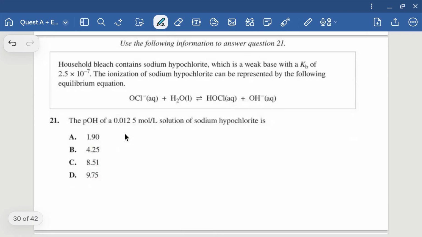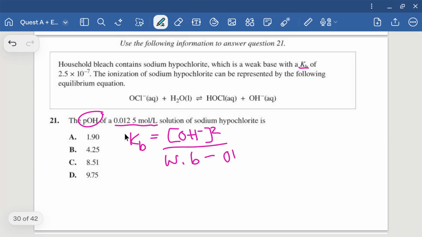Looking at question 21, we have the Kb value, and we have the concentration of the base, and we want the pOH. So in this one, we can use that Kb formula equals the OH ion squared divided by the concentration of the weak base, again, minus the hydroxide concentration. So just like the other types of questions, if you're finding hydroxide, you could ignore it in the denominator.